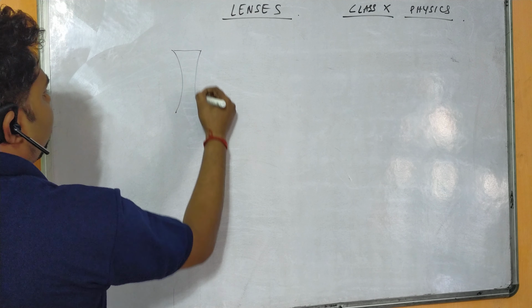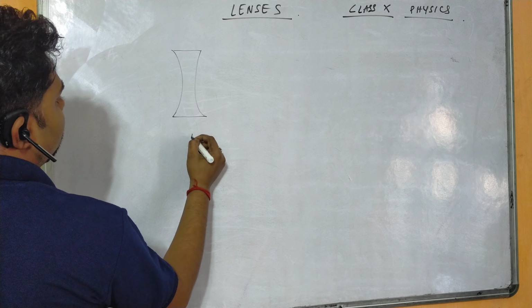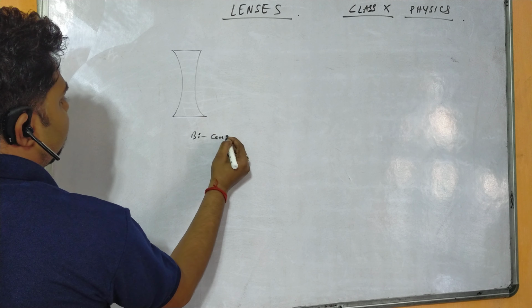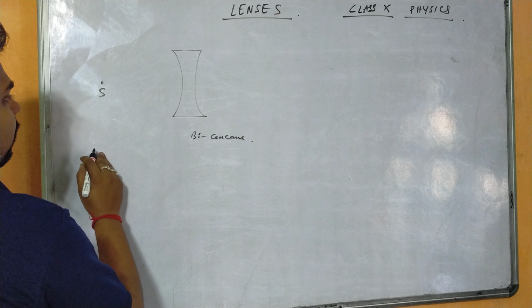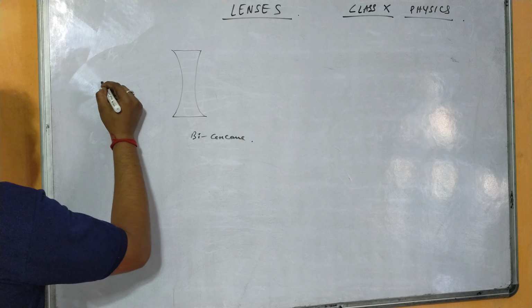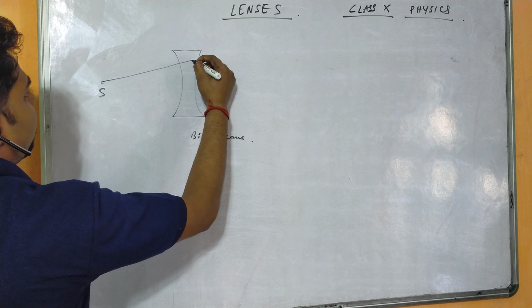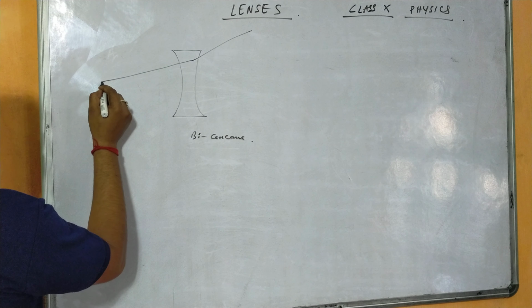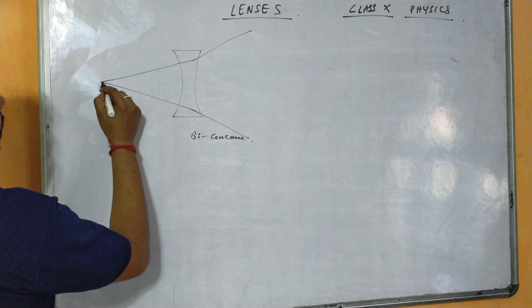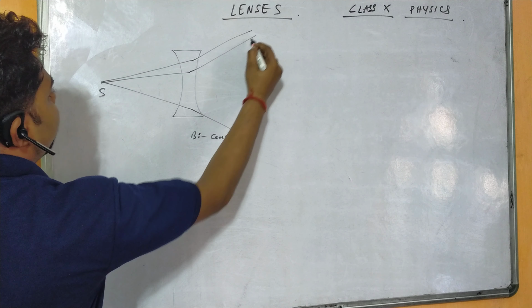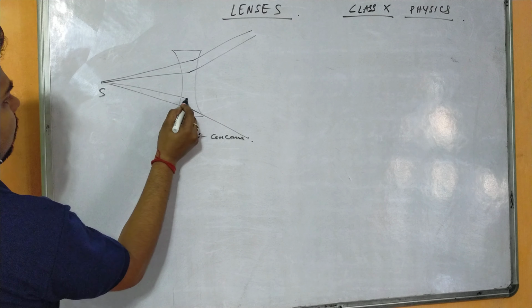Next we have here biconcave. This is a biconcave lens. Now whenever a source is placed in front of this biconcave lens, whenever light falls here, it tries to get diverged. Here it is always seen diverging from its position.